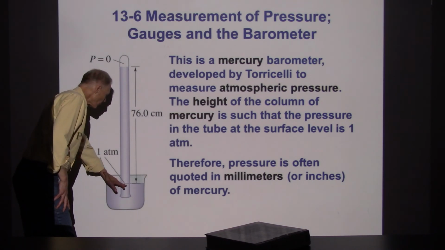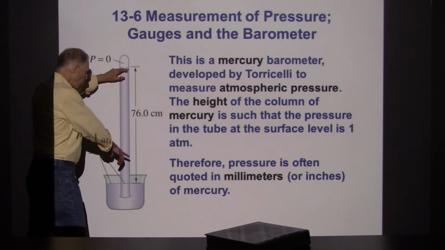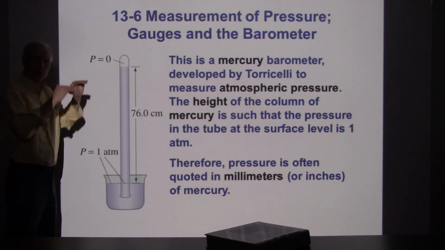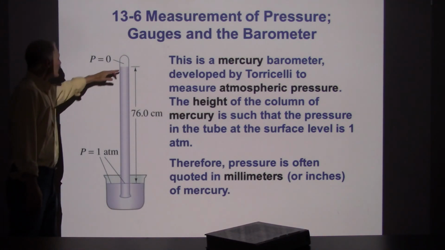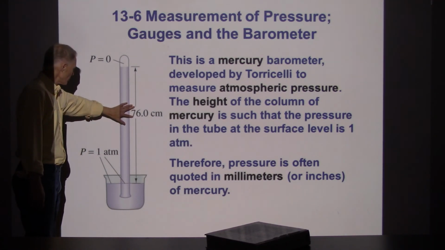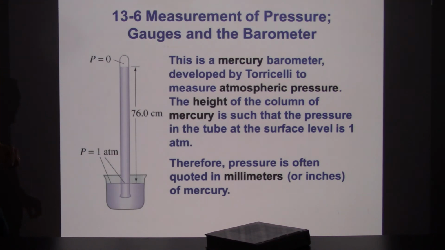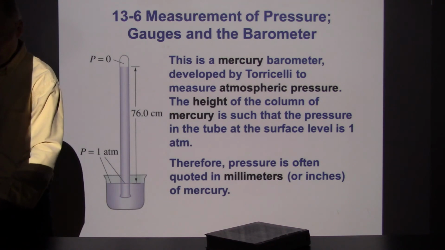And the question becomes, how far up this tube will 1 atmosphere of pressure push the mercury? It turns out that 1 atmosphere is enough to push the mercury up to 760 millimeters. And that's how these barometers work.